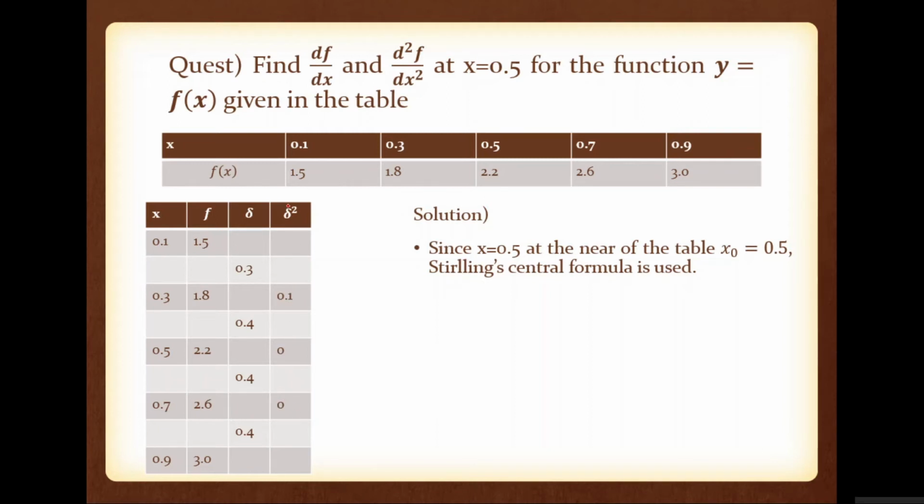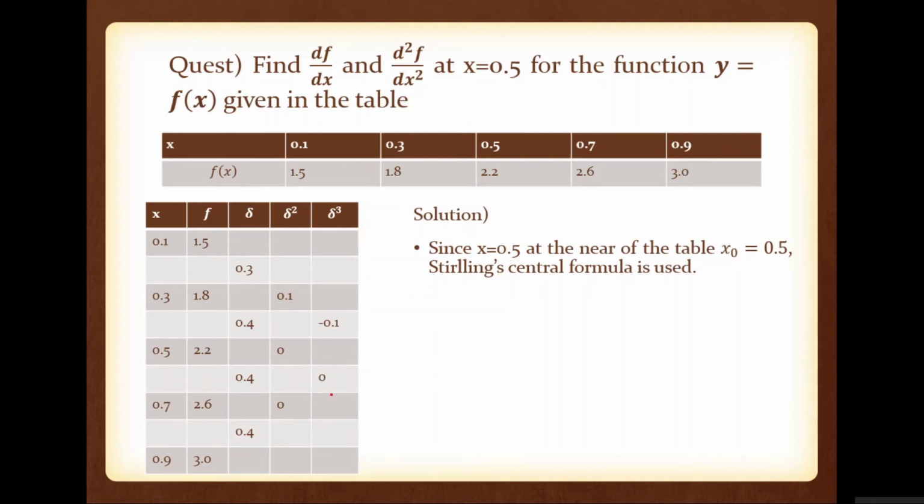Then by using the theta square column, we have to find the third order central difference, that is theta cube. I think that is very easy to find. But please note this sign: 0 minus 0.1 is minus 0.1 here. Don't forget to put that sign. And 0 minus 0 is 0. So the third order central difference column is minus 0.1 and 0.